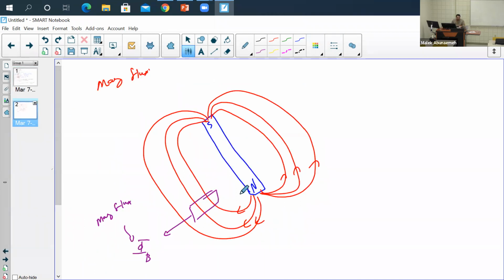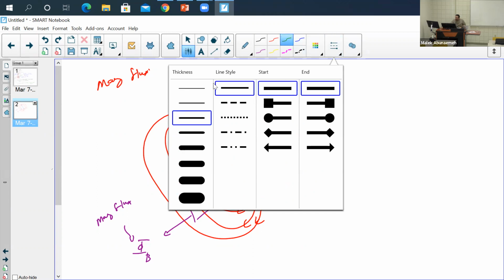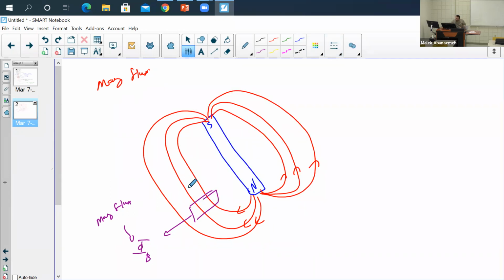Now coming back to our example, let's say we take our net, which is going to be our coil of wire, and we put it in sideways.